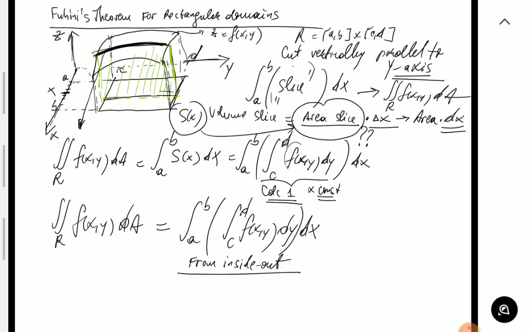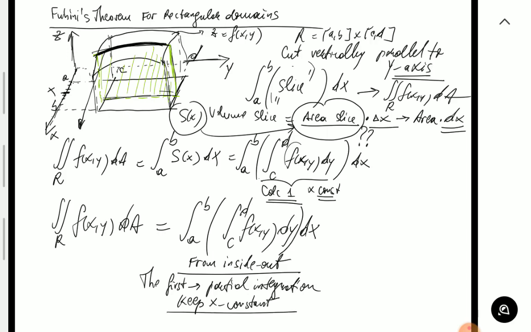The first is typically the harder one, depending on the case, because it requires partial integration. In this configuration, you're going to keep x constant and integrate with respect to y, and then the answer is going to be integrated with respect to x.